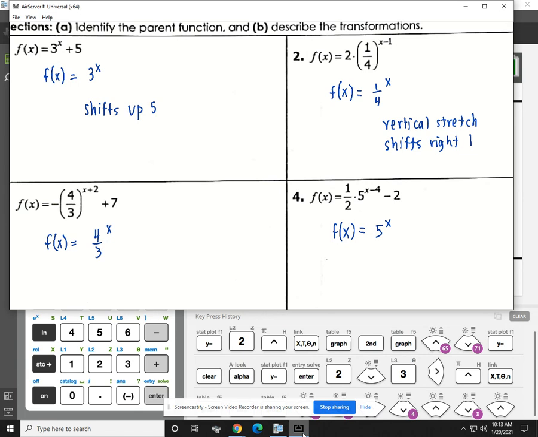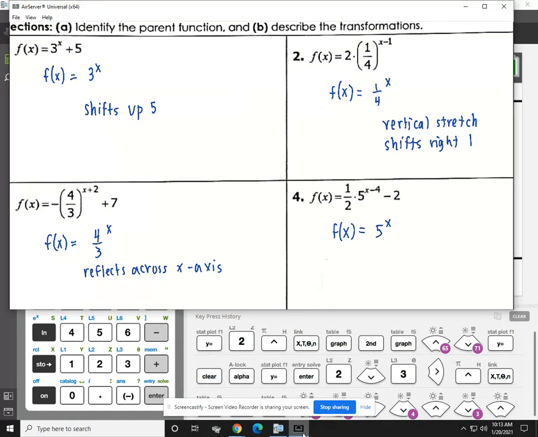Look at this one. Parent function. What changes were made? There's a negative. It reflects across the x-axis. There's also a +2 in the exponent. That's horizontal shift. And it's the opposite.